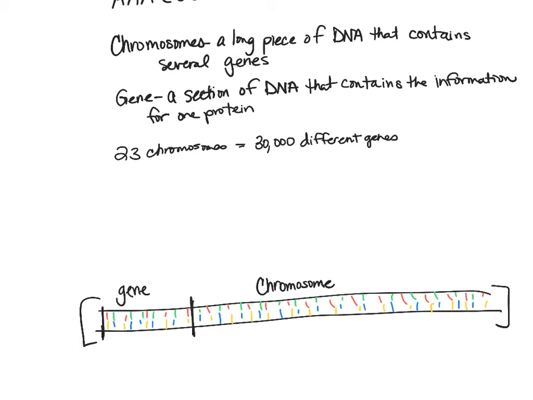And remember, a gene is a section of this DNA that's going to code for a particular protein. So from here to here, whatever code these nucleotides have is going to code for a particular protein. So let's say a protein in the skin, so this would be our keratin protein.